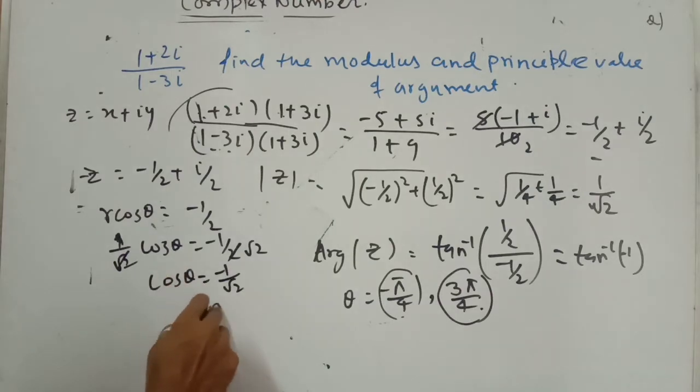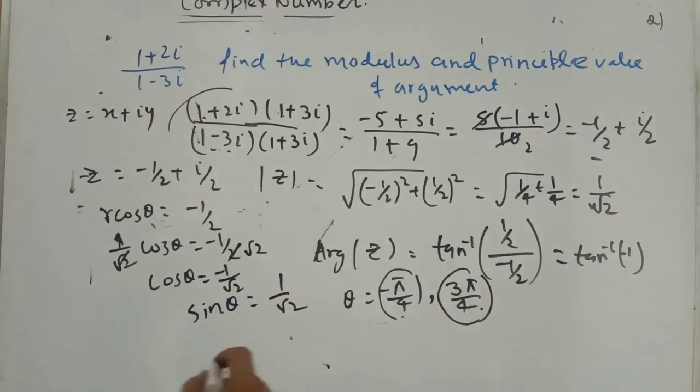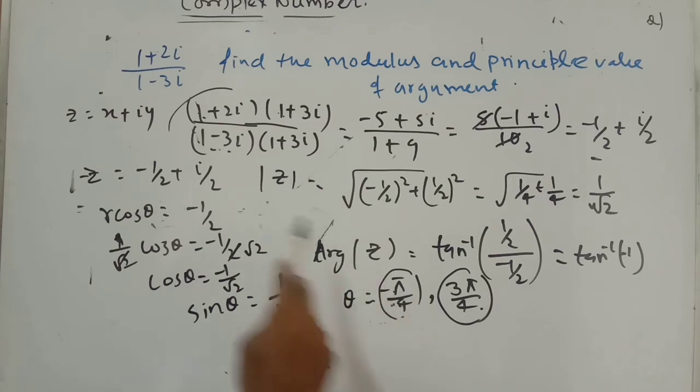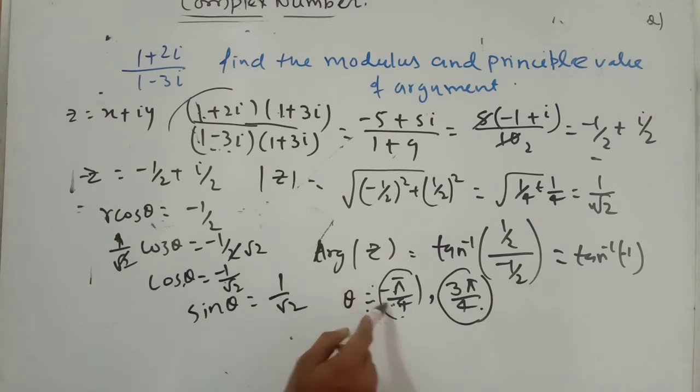And here sin theta also becomes 1 by root 2. So when you consider minus pi by 4, it belongs to the fourth quadrant. In the fourth quadrant the cos theta value is positive. So theta equal to minus pi by 4 is not possible.